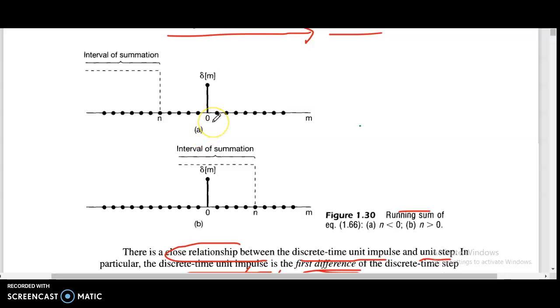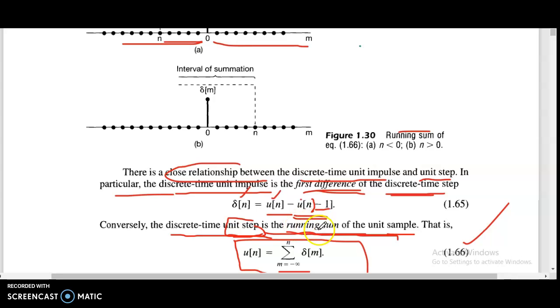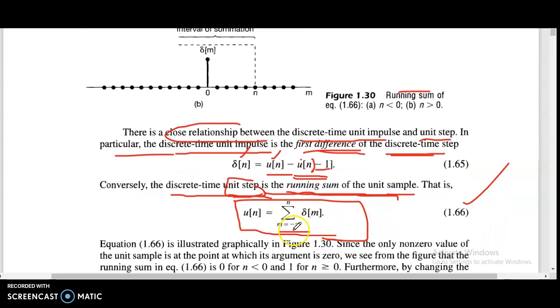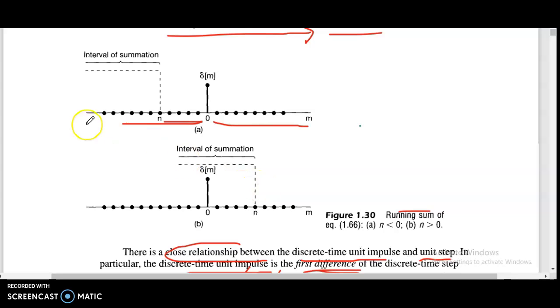Here, when n is less than 0, the summation runs from m equal to minus infinity to n.